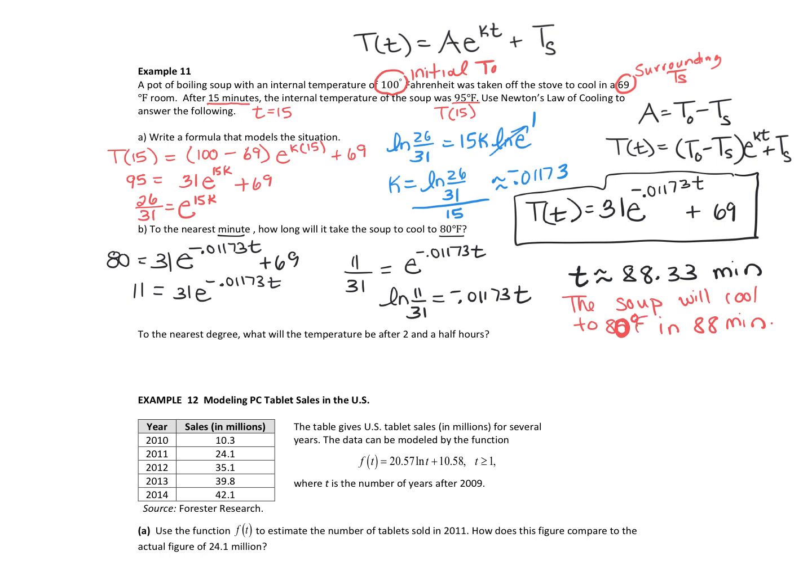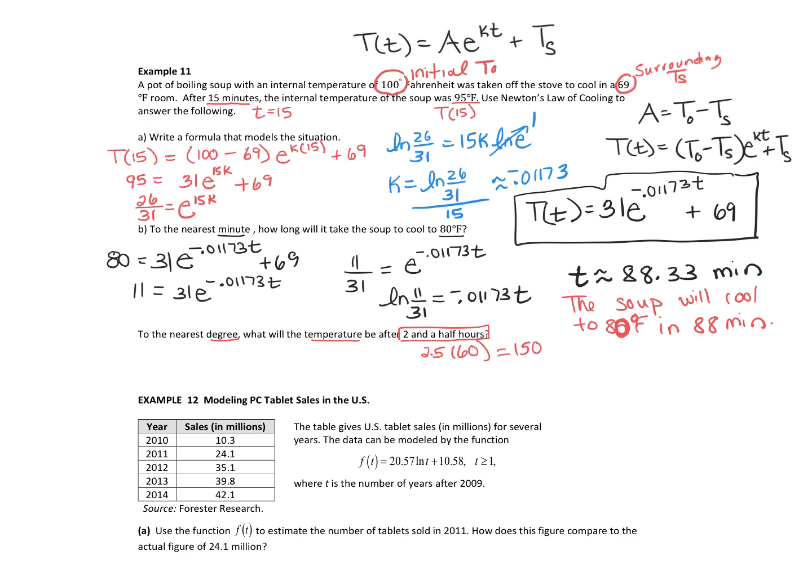Well, let's answer the question differently. To the nearest degree, what will the temperature be after 2.5 hours? Well, since we did this whole thing in minutes, 2.5 times 60 is going to give us 150.